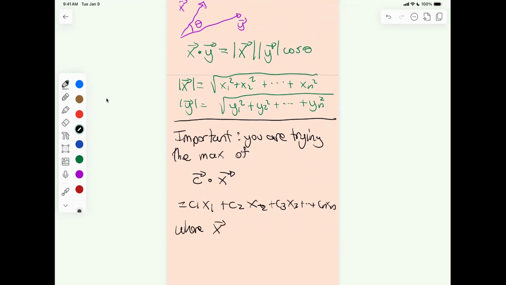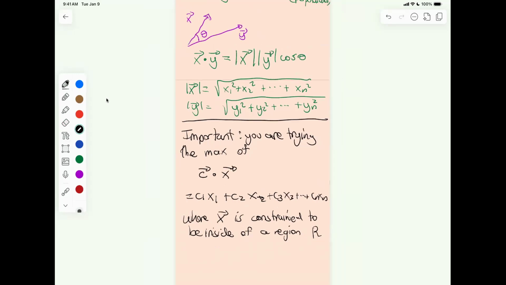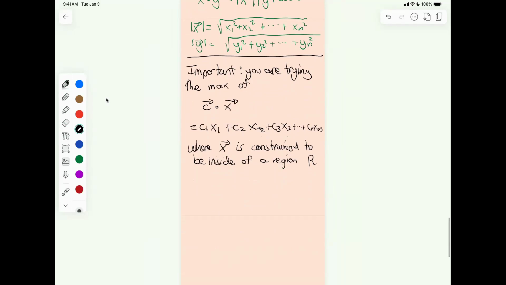where x is constrained to be inside of a region. Let's call the region R for now. Imagine I draw the picture in 3 dimensions, because that's the best I can do: x1, x2, x3.